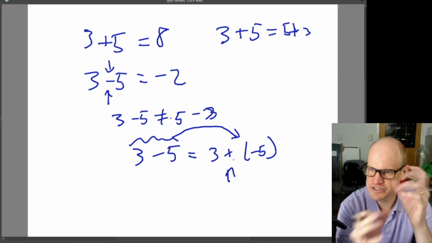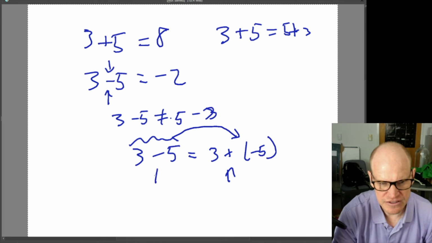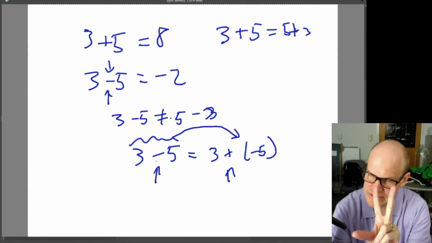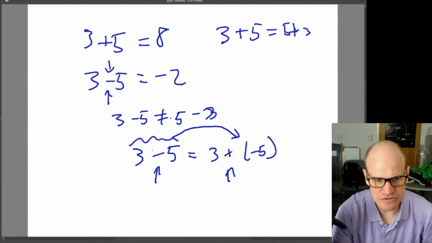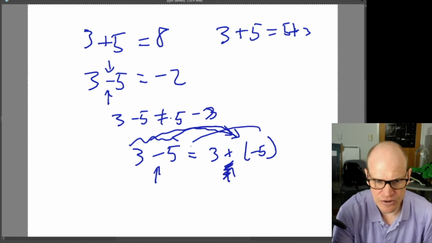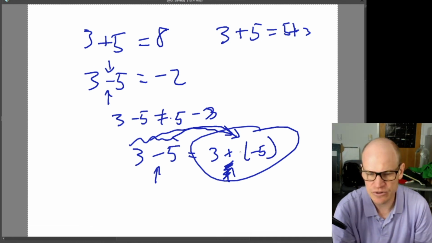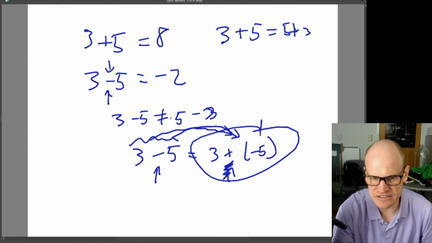And now it's much more simple to rearrange the terms and do the math on it. You don't have to worry about this minus sign and the fact that it's not commutative. You've just written it in an equivalent form that involves a commutative operation, and now these two terms, you can switch around and manipulate however you wish, as long as you recognize that this is its own term with that minus sign out front.